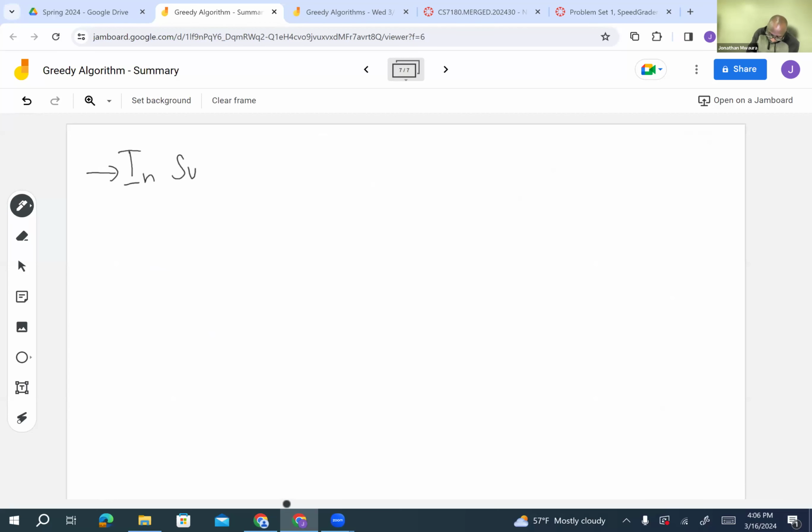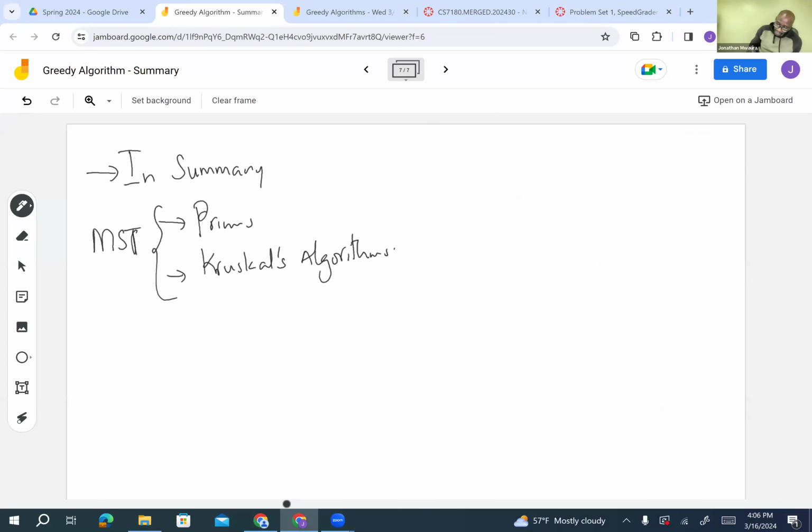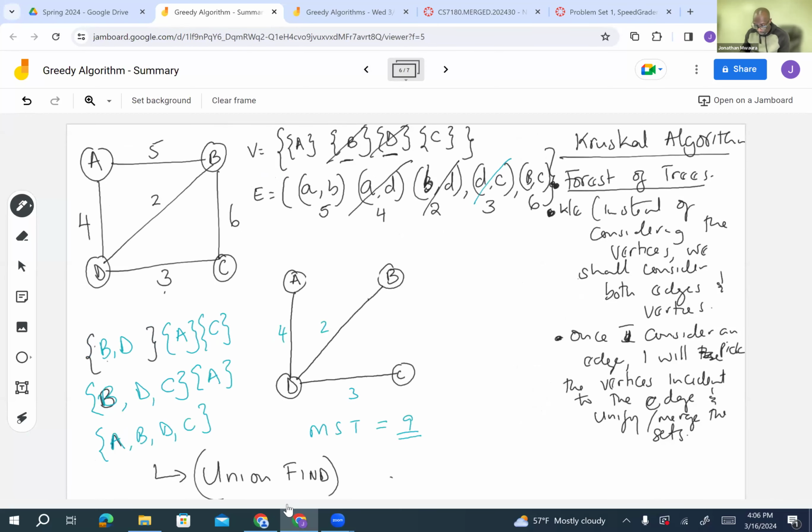Now, in summary, we have considered minimum spanning trees, and we have considered two techniques, Prim's algorithm and Kruskal's algorithm.